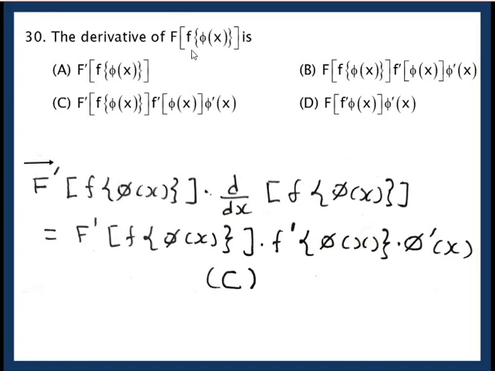The derivative of f of phi of x is f dash of phi of x into derivative of phi of x. What is derivative of phi of x? Phi dash of x. So the correct option is this, that is C, Calcutta.